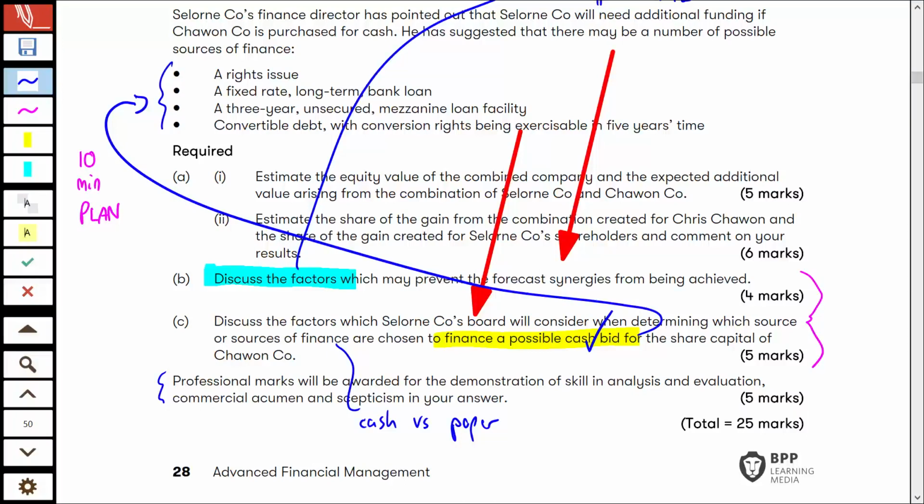And the professional marks are going to be available for doing the right evaluation and using it to inform discussion, making practical points, for example, about problems with achieving your synergies, and showing skepticism where appropriate, for example, perhaps in some of the techniques that you've used in the valuations.